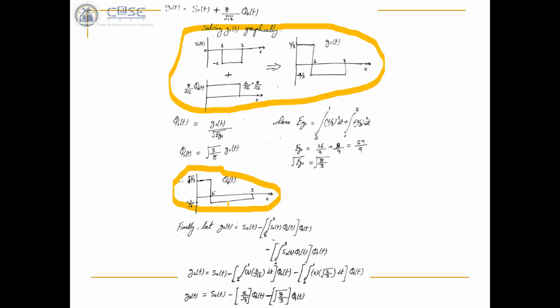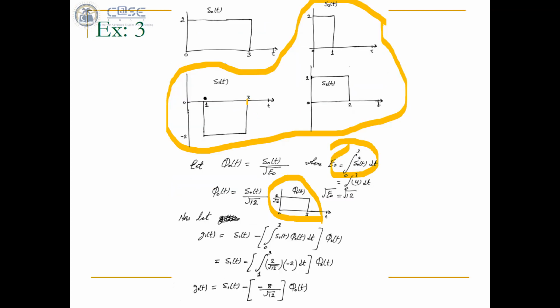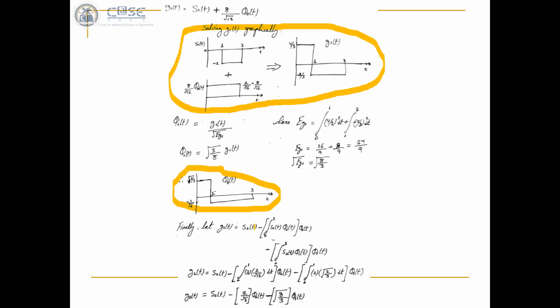Now you proceed towards the third step. Since you have tested and chosen S0 of t in the first step, S1 of t in the second step, and now you are left with these two functions to be chosen in the next step. Right, so you select function S2 of t in the third step, and you would like to subtract the contributions or projections of S2 of t onto basis function phi naught of t and the basis function phi1 of t.